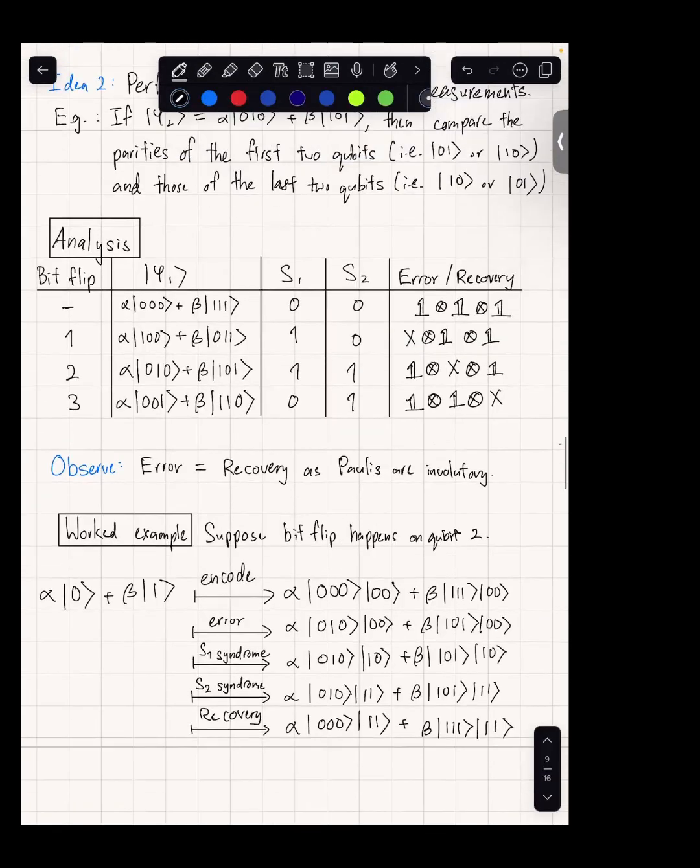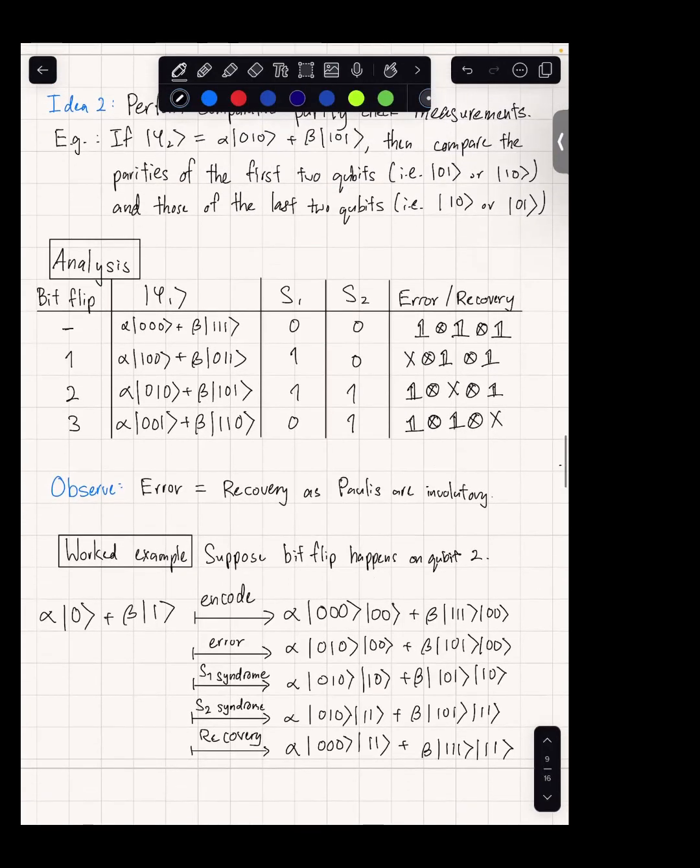So if we analyze the different cases, we would come up with a table like this. Let's take a look at one of the cases. In this case, let's take a look at the case where the second qubit was flipped. It is this row here. So first we start off with this qubit state that we have.